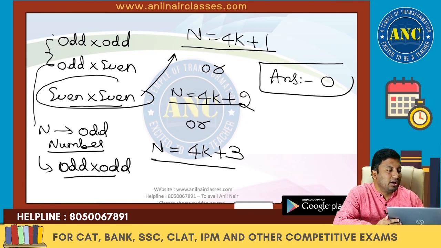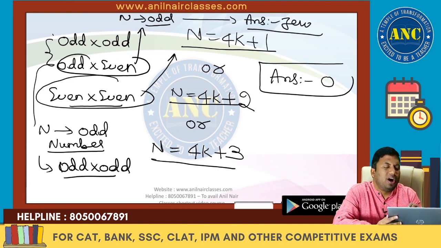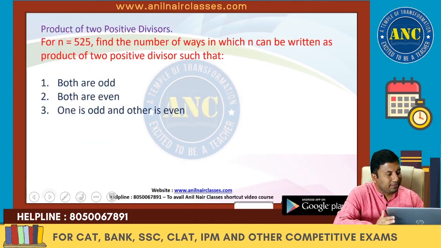If it is an odd into an even case and the number is an odd number, odd into even will give an even number. So the answer for this question is again 0. It all depends upon the value n takes. You don't need to remember it like this. You just see the question and go step by step. You will get the answer.